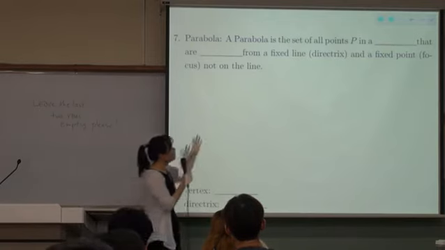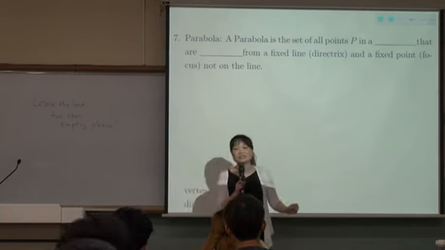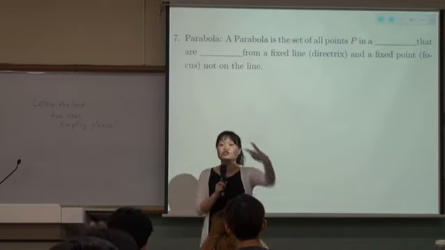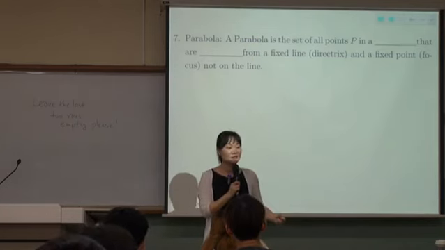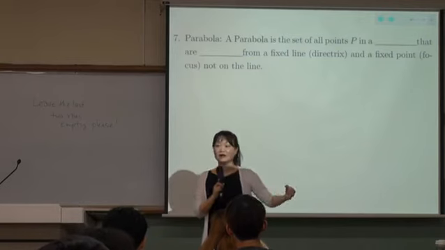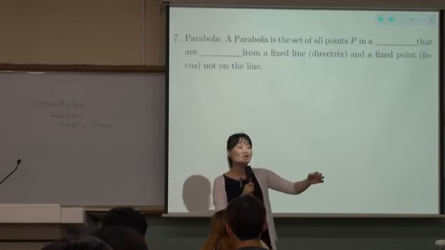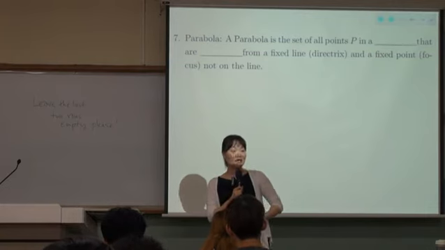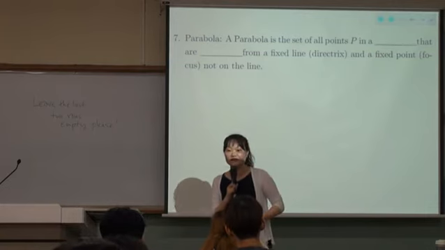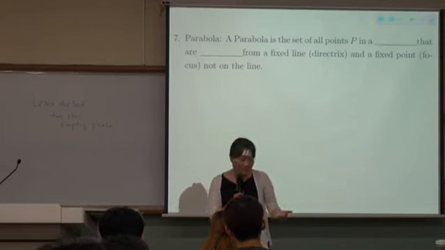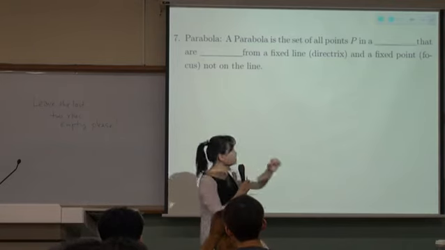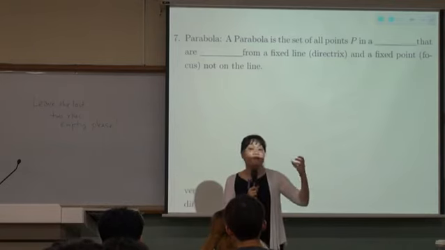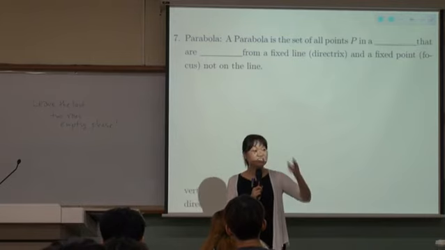So to make a parabola, how many things are needed? Two. What and what? A point and a line. But the point should not be on the line. The line is called what? Directrix. And the point is called what? Focus. Two things are fixed.